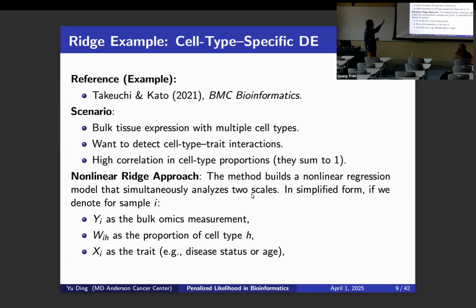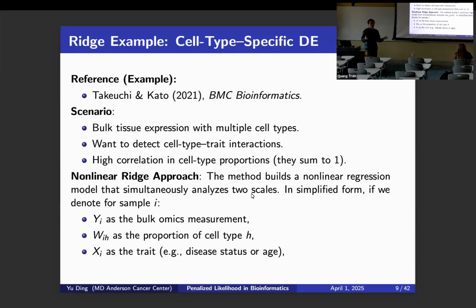Okay, so the data we have is the bulk tissue expressions with multiple cell types. You can imagine that, for example, we have 20 cell types from the bulk tissues. And we would like to detect the cell type attribute interactions, where the key attribute means, maybe you have disease or not, or what type of disease you have.